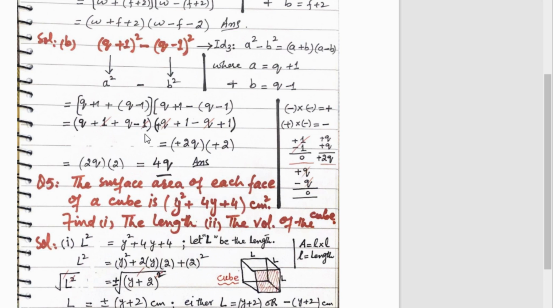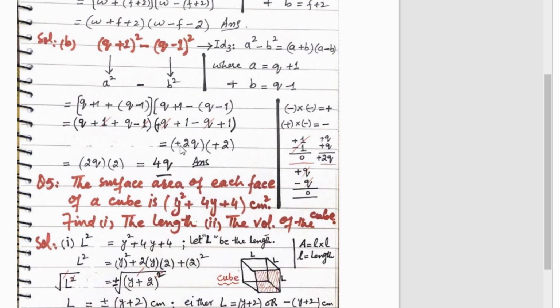Whenever two same terms bear different signs, we can cancel them. Now what is left behind? Q plus q is equal to 2q. Look up. Plus q plus q. Plus q means plus 1q. Again plus q means plus 1q. So it will become plus 2q. It is equal to plus 2q.